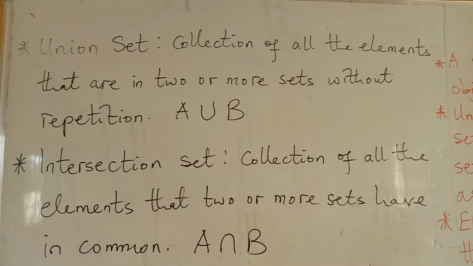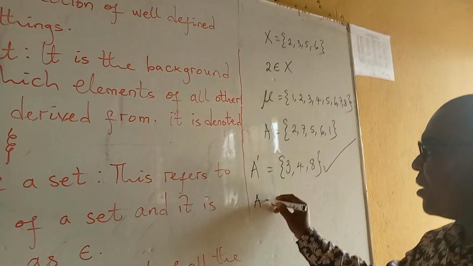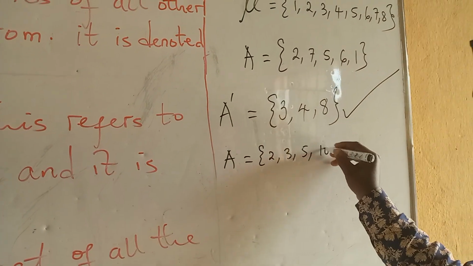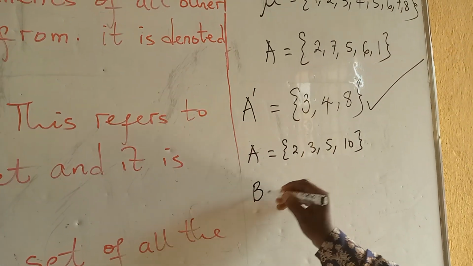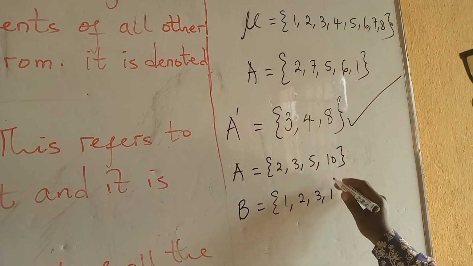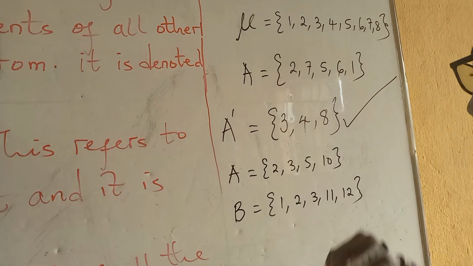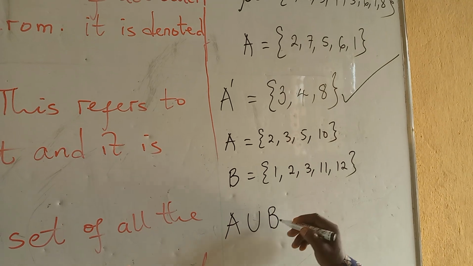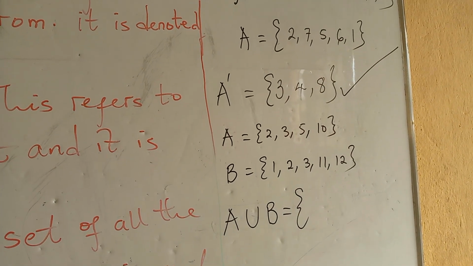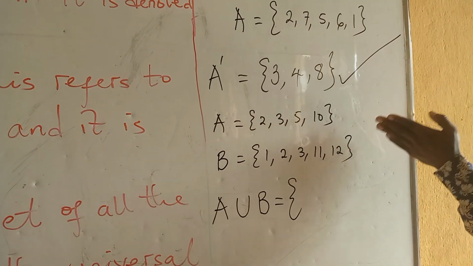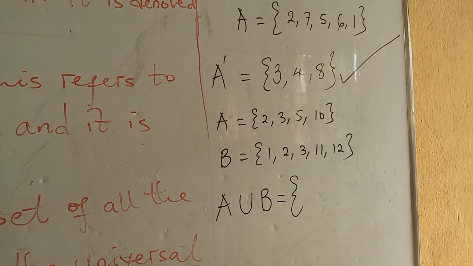Now, for example, if you have a set A equal to 2, 3, 5, 10, and then B is equal to 1, 2, 3, 11, 12, and you want to find A union B. A union B simply means a set of all the elements that are in A and in B without repetition.